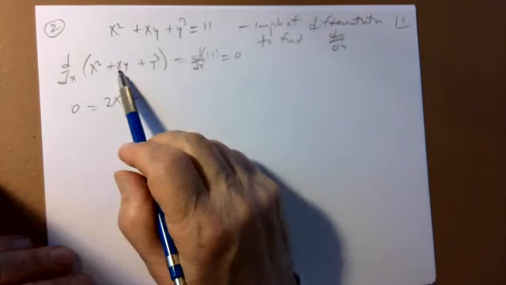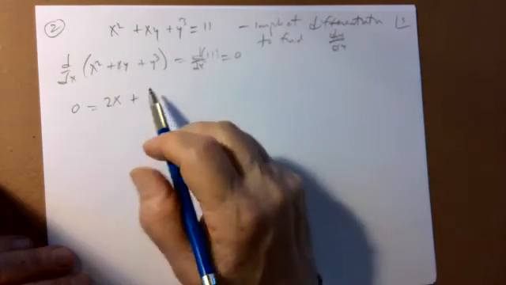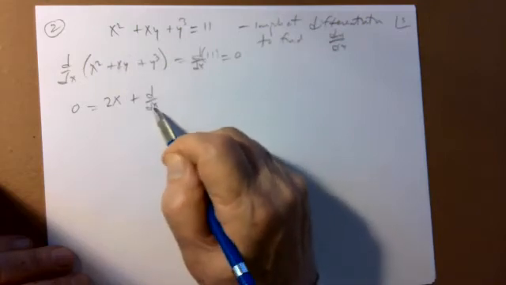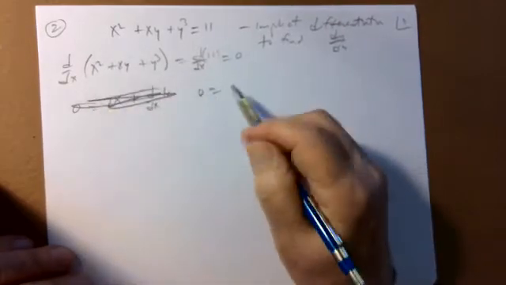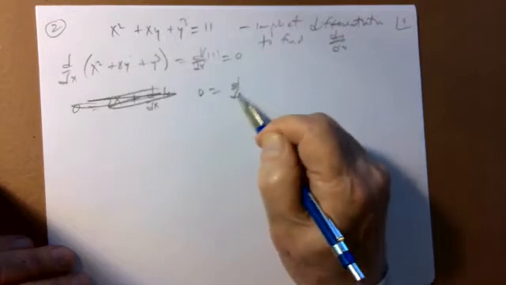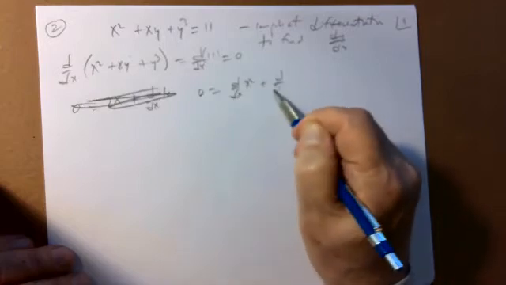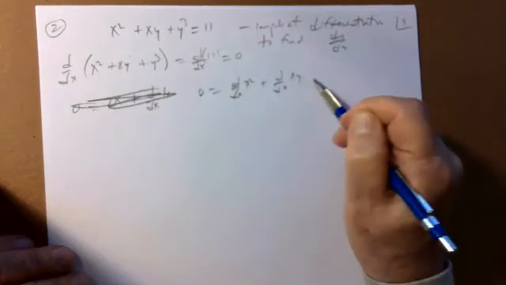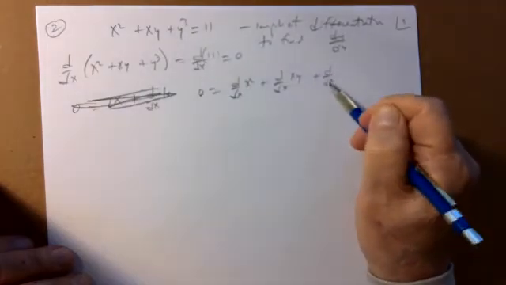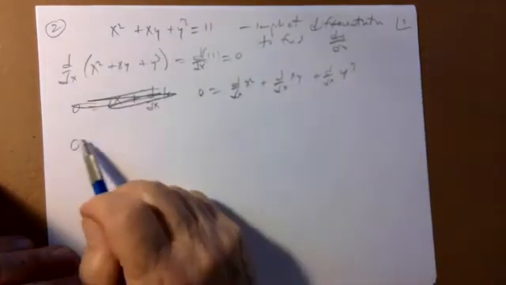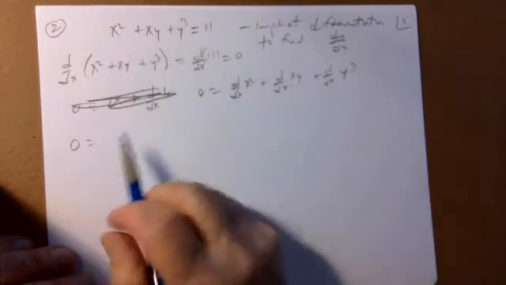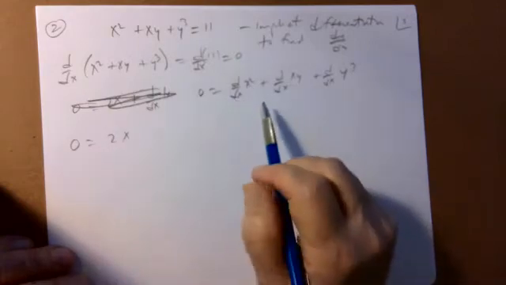The derivative of xy, let me just write this all out carefully. So 0, just doing this term by term, is the derivative of x squared plus the derivative of xy plus the derivative with respect to x of y cubed. The derivative of x squared with respect to x is 2x.